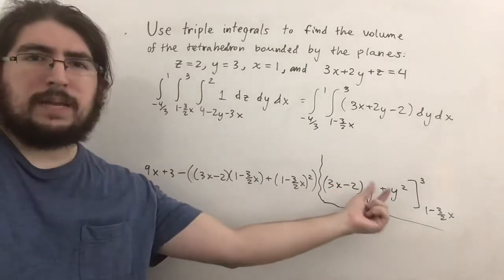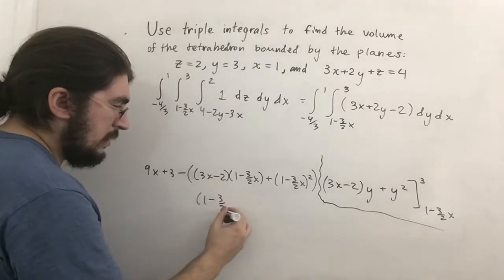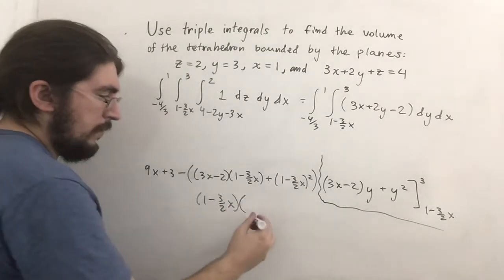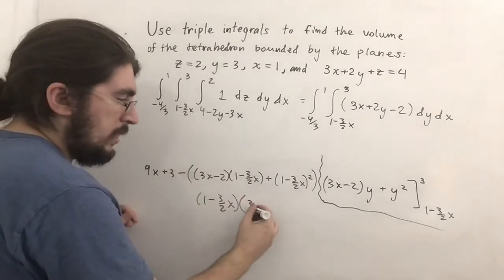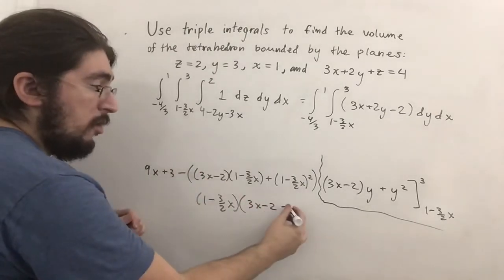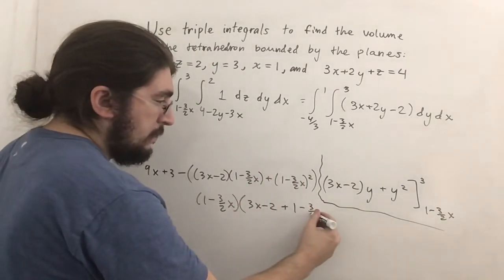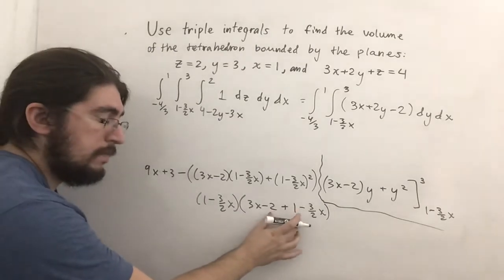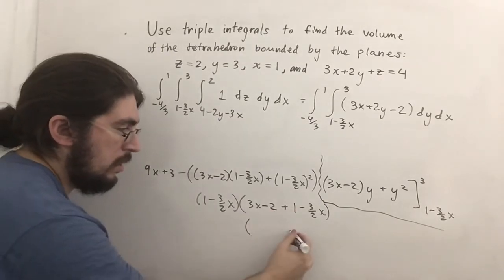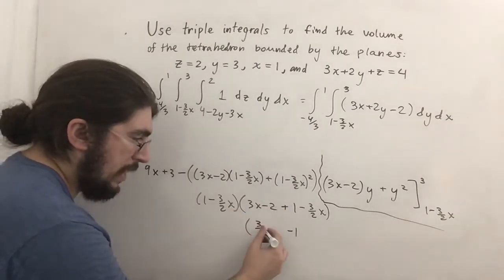That would just be the same as factoring out a y. Now you don't have to do it this way, but I think this makes it a little simpler. So pulling this out, what we have left over from the first term is 3x minus 2. What we have left over from the second term is just 1 minus 3 halves x. And notice negative 2 plus 1 is negative 1. And 3 minus 3 halves is 3 halves itself, so that's going to be 3 halves x.